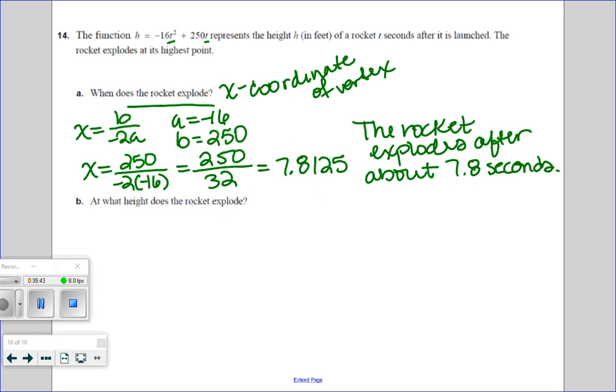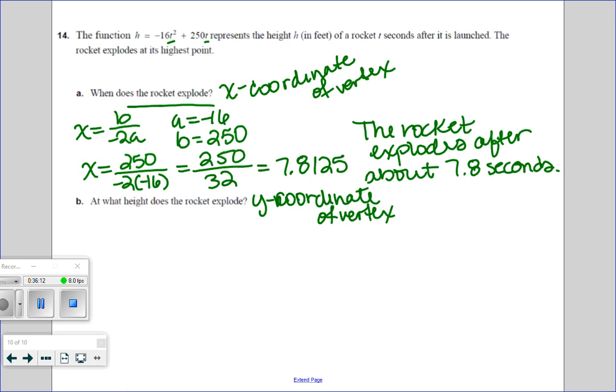Part B says, at what height does the rocket explode? Well, that's just asking us for the corresponding y coordinate. The y coordinate of the vertex, which will give us that max height.